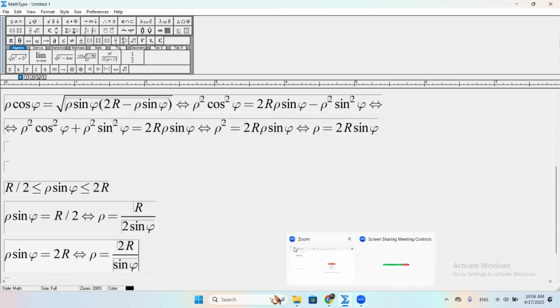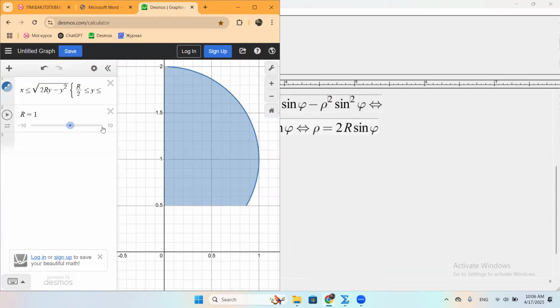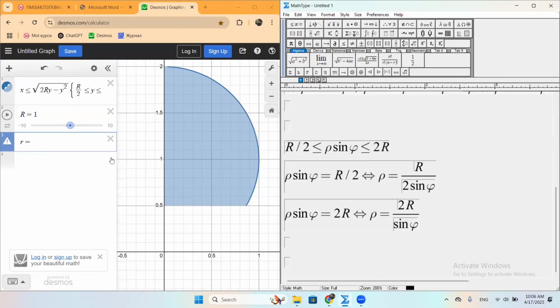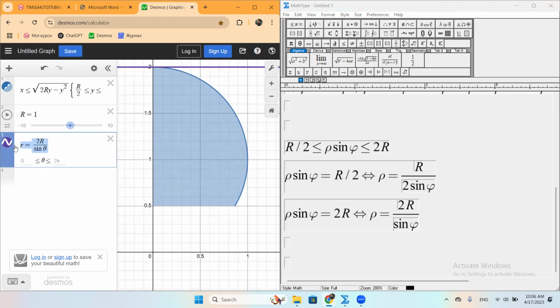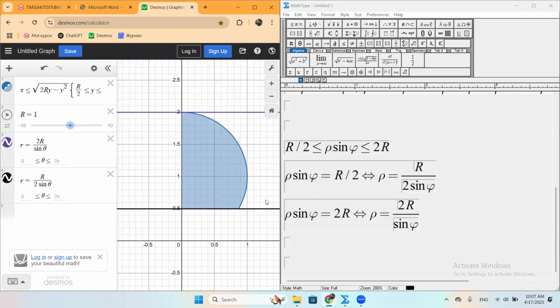And now let's see what we actually have here. Let's also build some polar curves. So ρ equals 2r over sine of θ. So this limit and this limit are the following. So actually we found these bounds.